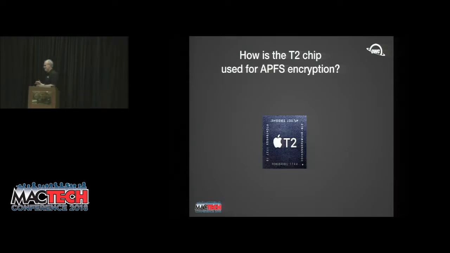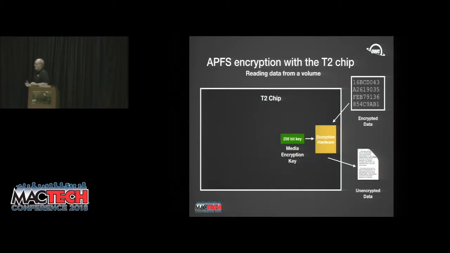So the T2 chip. Apple obviously knows a lot more about this than I do. The people I talk to in Apple Encryption are really smart and really understand these things. So let's go and see what the T2 chip is doing. Apple has some documentation, which is what Marco pointed me to, and I was trying to wrap my head around it, and I thought, okay, the best way is to think of it in terms of the media encryption key, because you need the media encryption key to do your encryption, right?